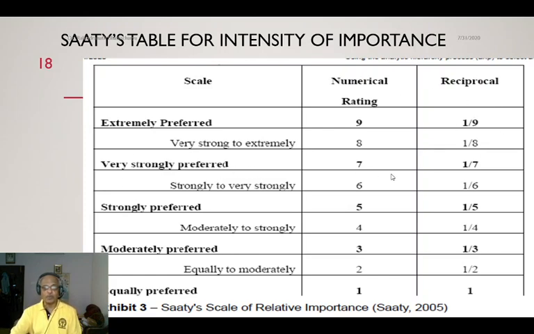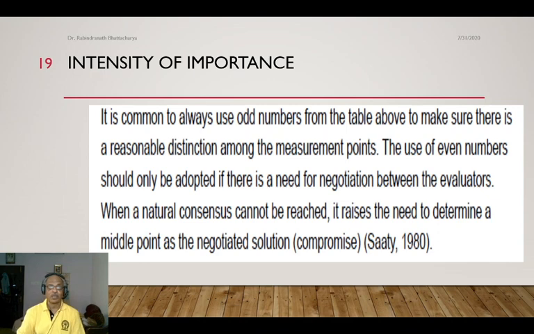Similarly, very strongly preferred, you give 7, strongly preferred 5, moderately preferred 3, and equally preferred is 1. So this is what is called the Saaty scale of relative importance. Now, if I talk about intensity of importance, it's very common to use the odd numbers of the table.